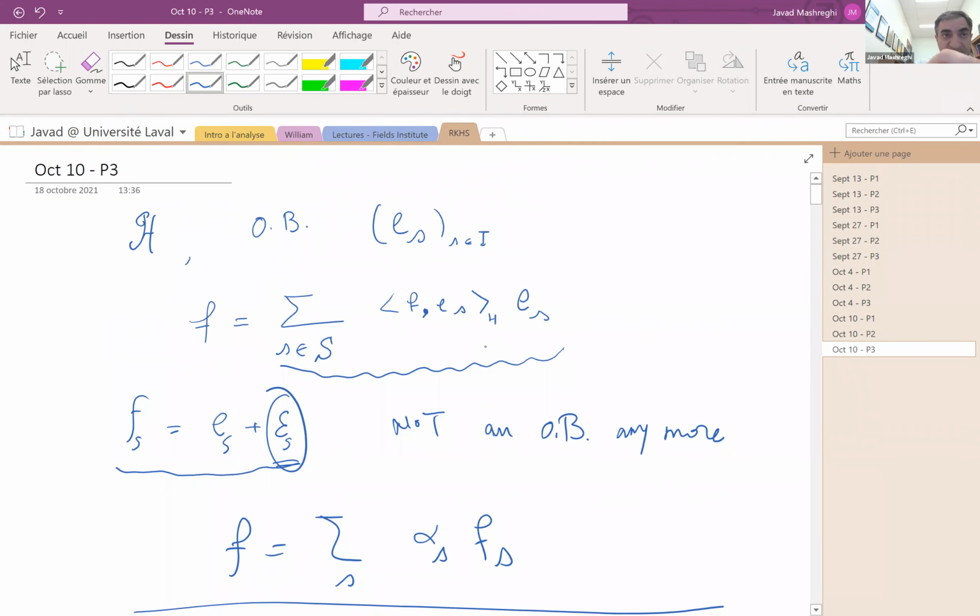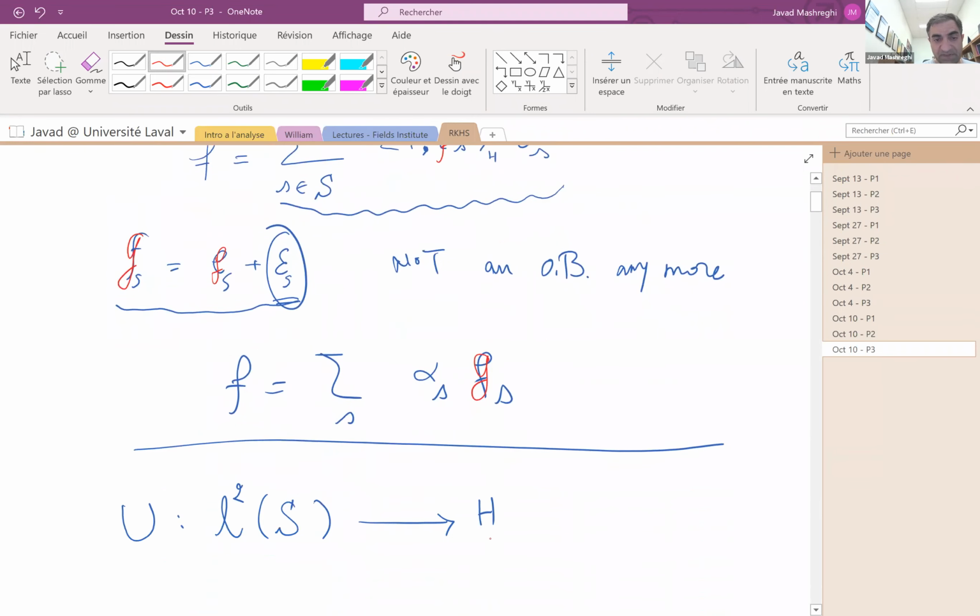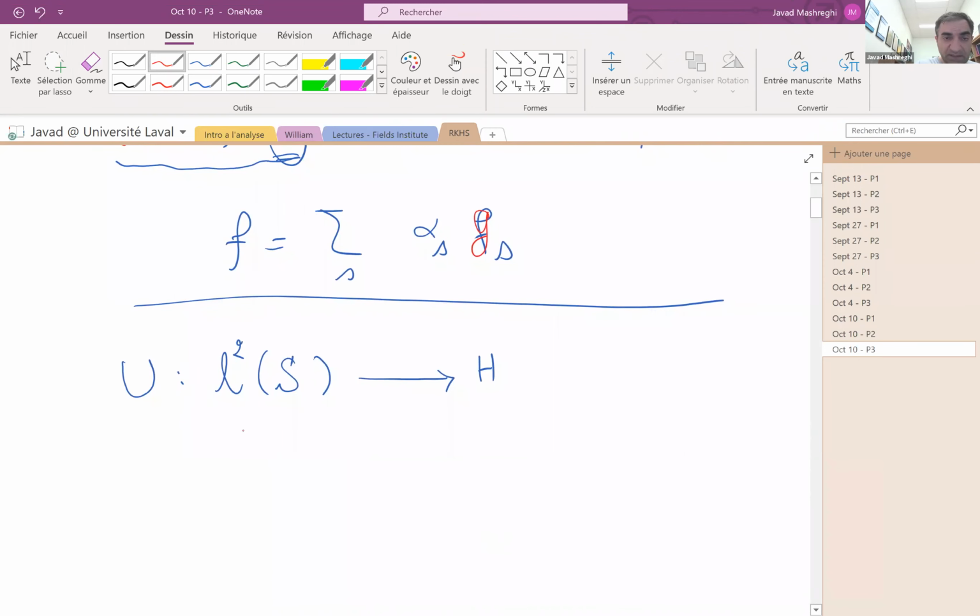I'm sorry, please let me change these to say f and these to g, so as not to confuse with e_s here. e_s is the canonical orthonormal basis for this space.